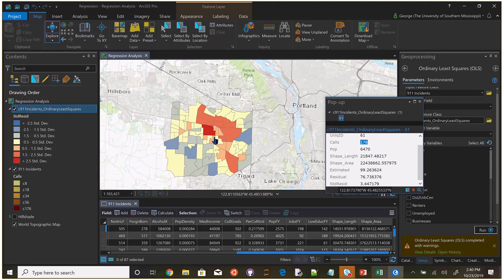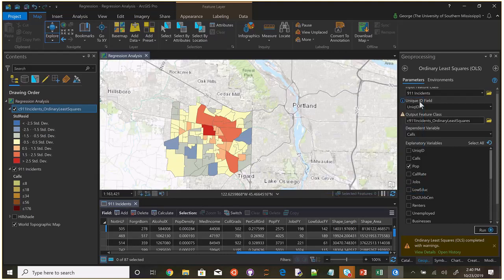So we're underpredicting calls in this area, and we're overpredicting calls in these areas using just population. So these areas, according to our model, should have more calls, but they don't have enough. And these areas, we predicted more than the number of calls. So if you find a variable that does work well, you expect to see a lot of yellow from that.